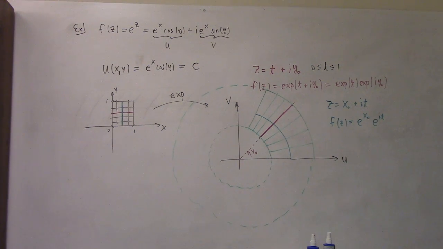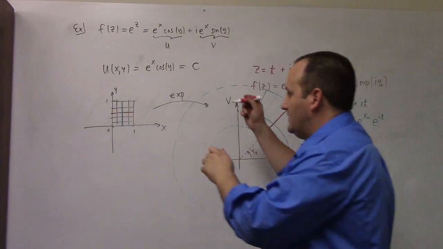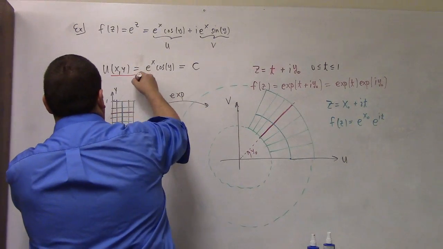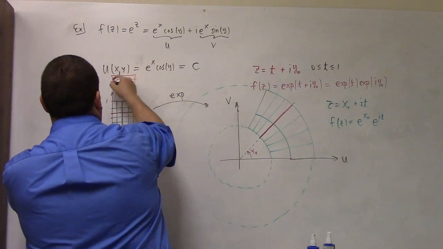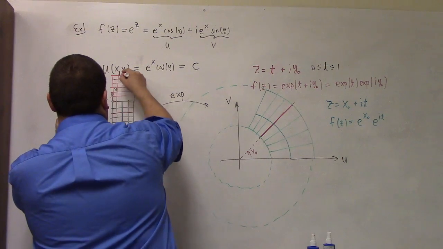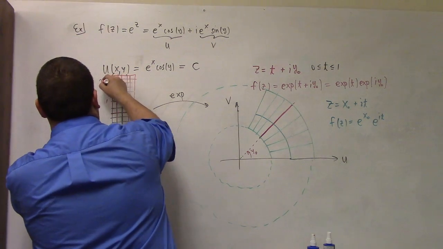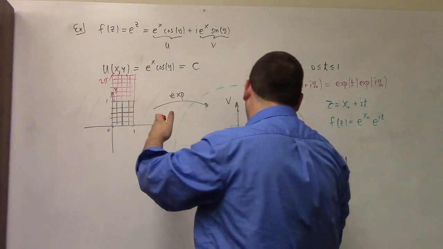You just keep extending it upward. Yeah, it needs to be larger. Just keep going, take this up to 2 pi, and then that will loop it all the way around, right?